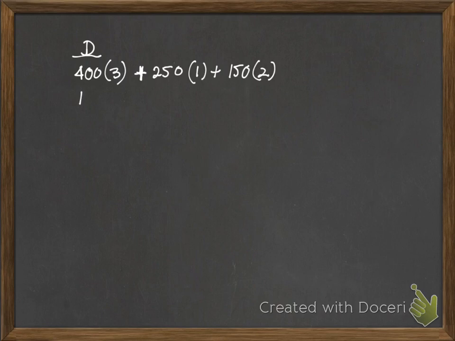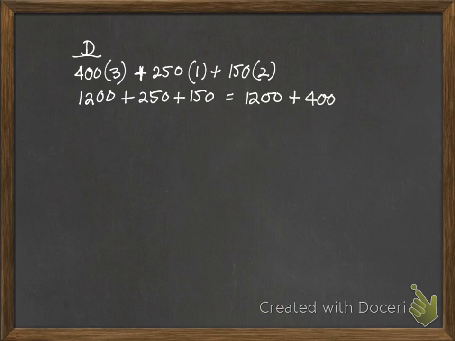So if we do the math here, we get 1,200 plus 250 plus 150, which gives me a grand total of 1,600.